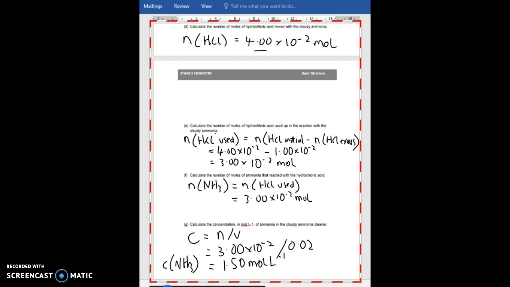Okay, so all up we had 1.5 moles per litre of ammonia in our sample with that indirect back titration activity.